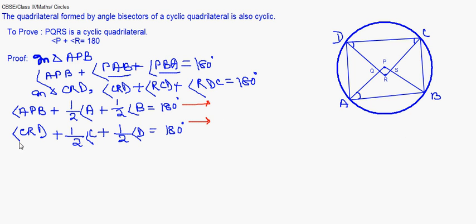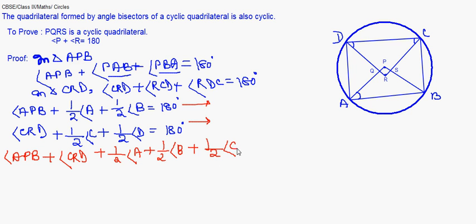If we do so, what do we get? Angle APB plus angle CRD plus half of angle A plus half of angle B plus half of angle C, or I can write A with C, that would be more convenient for me, then half of B plus half of D, that gives 360 degrees if I add the right hand part as well.